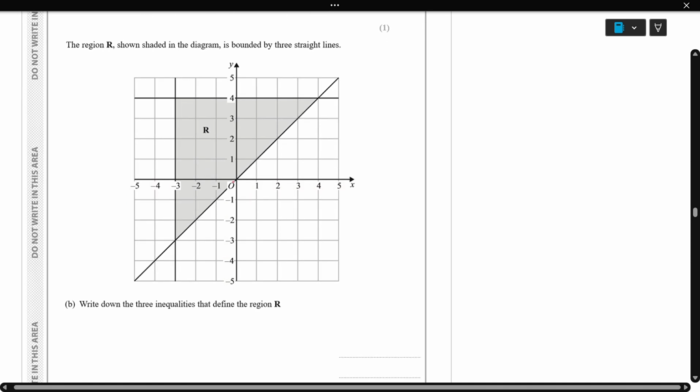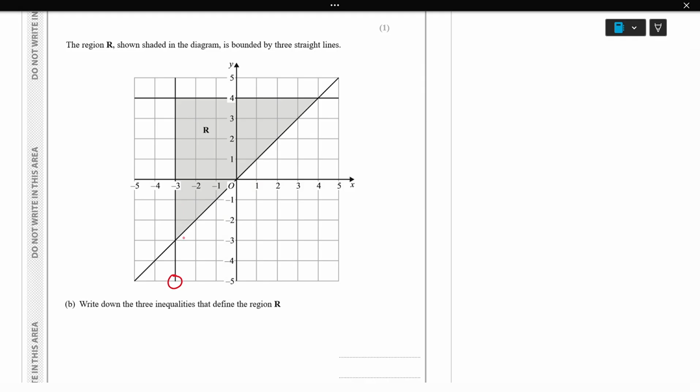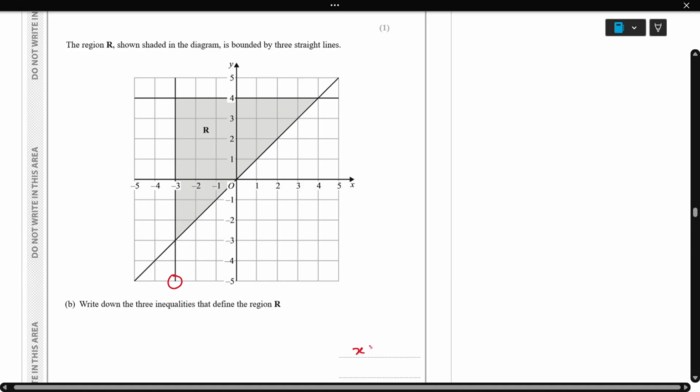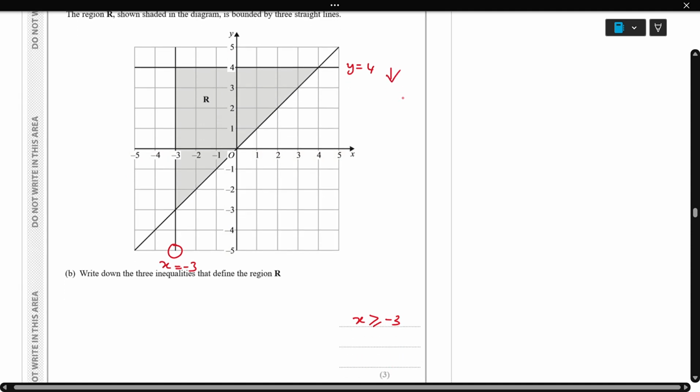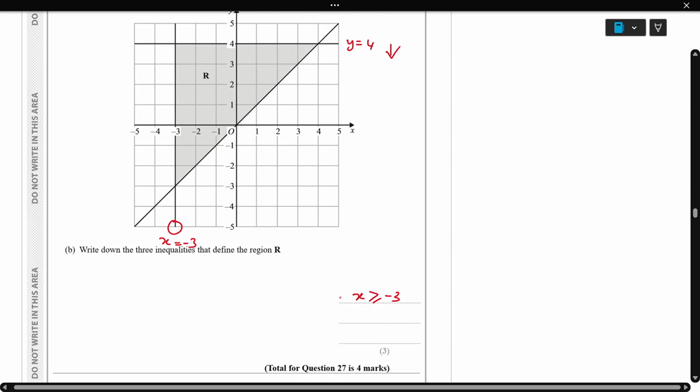Next, the region is shaded, bounded by three straight lines. Write the inequalities of the region. First we'll take this one. This is x = -3, and the region is to the right. So x ≥ -3, because it is a thick line, so we need to put the equal to sign. Next, this is y = 4, but the region is below, so y ≤ 4.